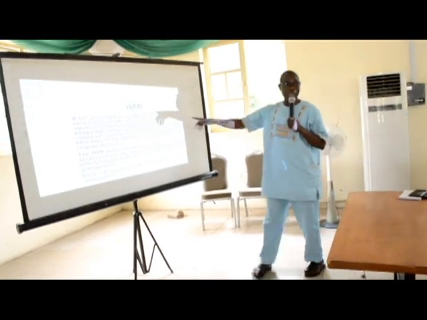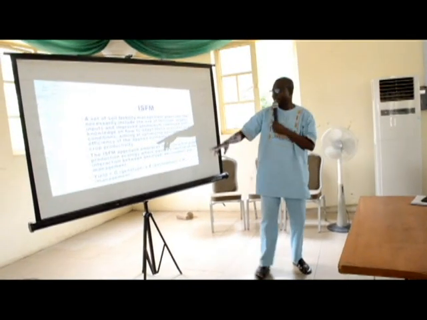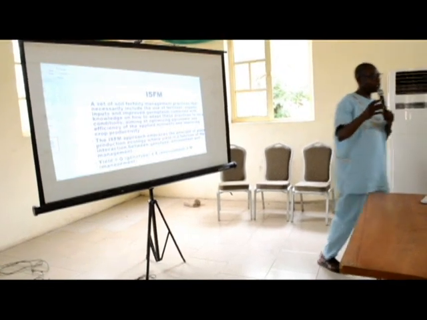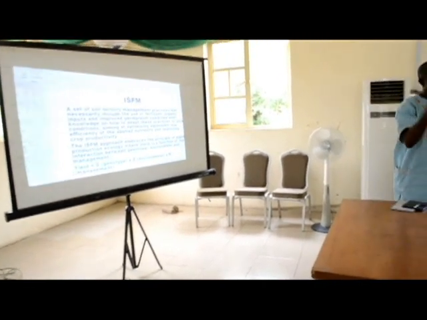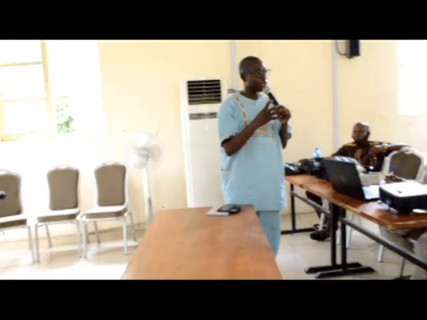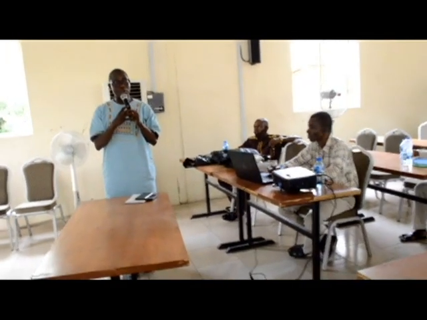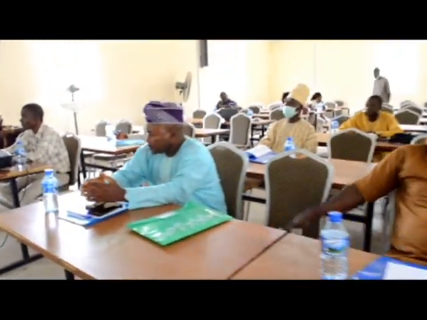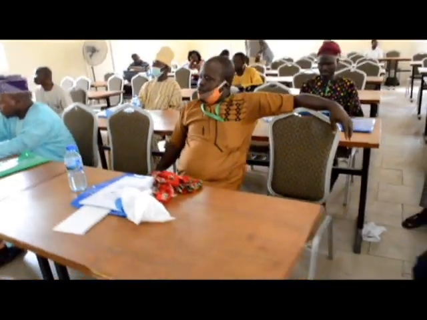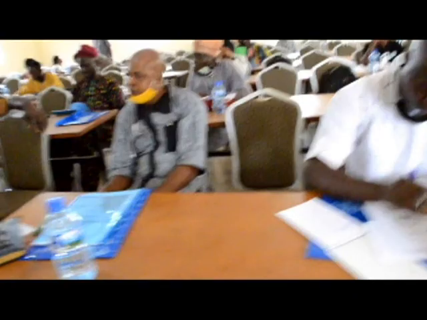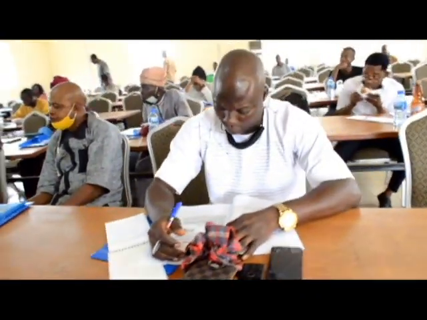Integrated soil fertility management is deliberately given this name. It's not just about using fertilizer. A lot of things are involved, and that's why we call it integrated. It has to do with the use of fertilizer, whether organic or inorganic.